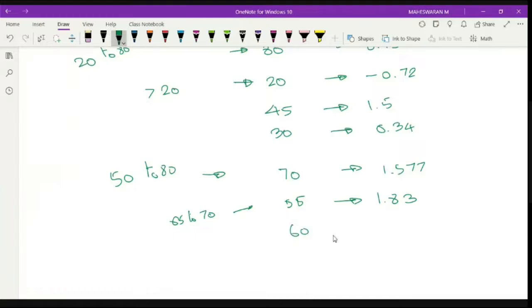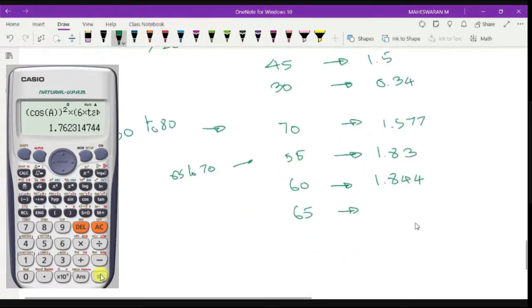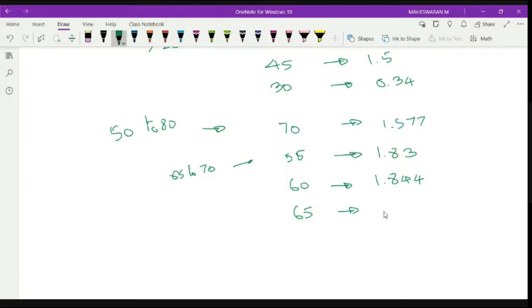Let me give 60. 1.848, so it is increasing. Very good. Now 65. 1.762, so it is reducing, which means it will be in between 60 and 65.